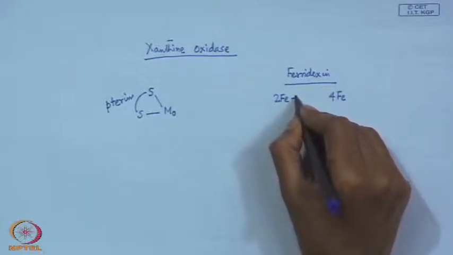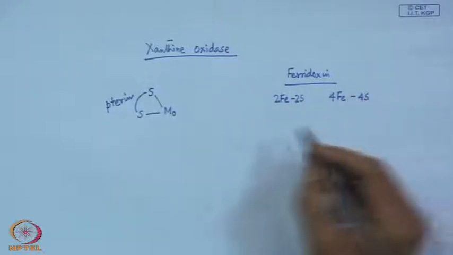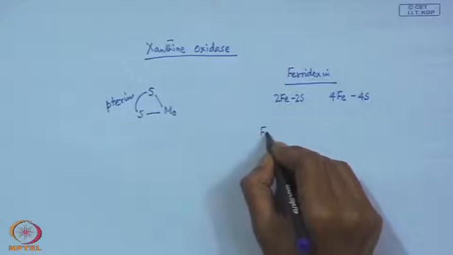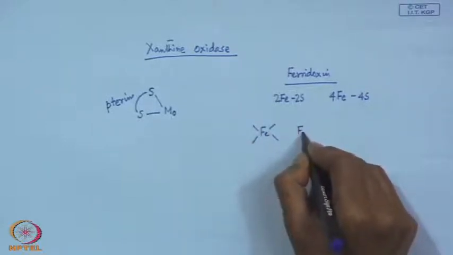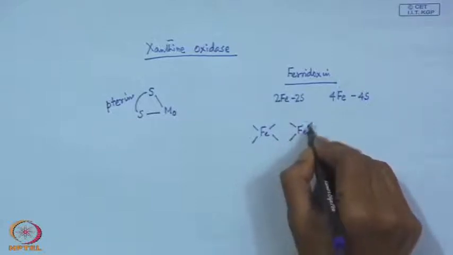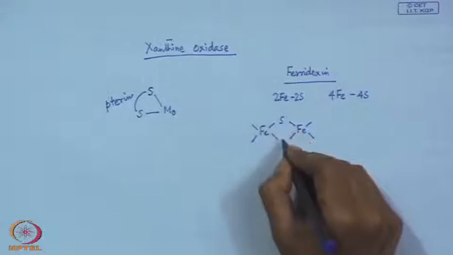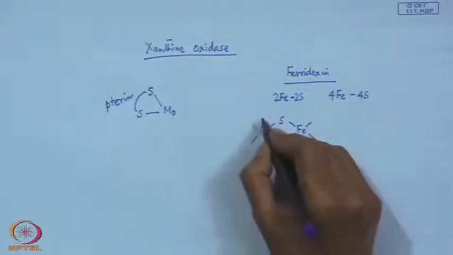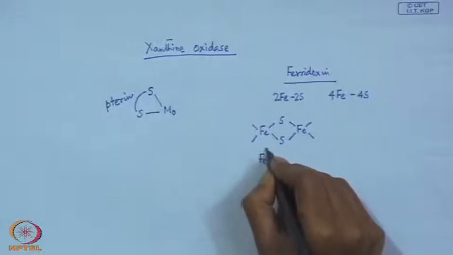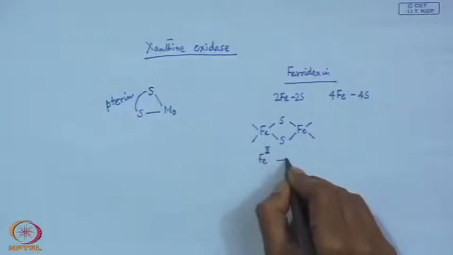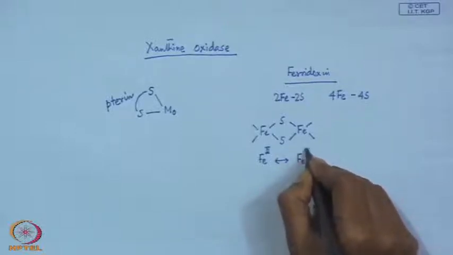When we have 2 iron 2 sulfur ferredoxin or 4 iron 4 sulfur ferredoxin, we all know that these iron sites are in tetrahedral geometry, and in all these cases this particular center is settling between Fe2 and Fe3.